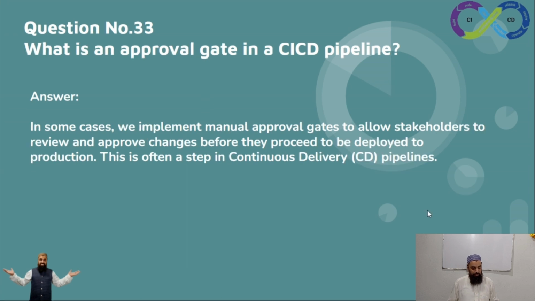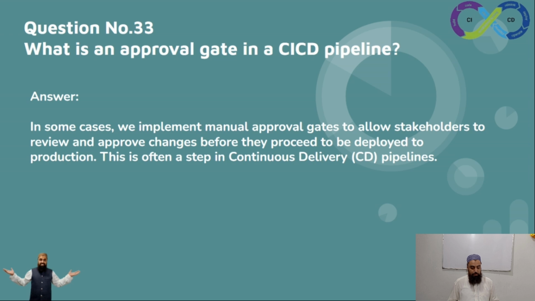Question number 33. What is an approval gate in a CI/CD pipeline? That question is also simple, but it is really important. In some cases, we implement manual approval gates, okay? Someone is going to approve your request so that after the approval, the pipeline would run. That is known as an approval gate, to allow stakeholders to review and approve changes before they proceed to be deployed to production.